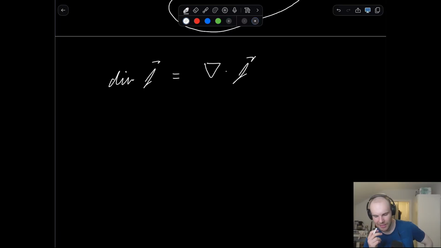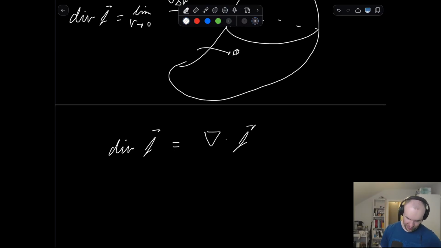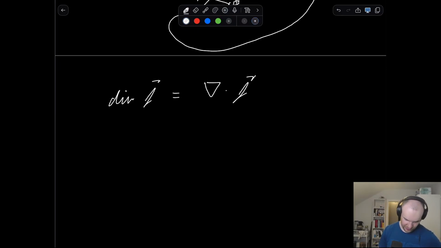I can at least say that here again, if it streams outside of this little cube, it's positive, and if it goes inside, it's negative. That's correct. It actually is correct. That is the divergence. Now, why is this the divergence? Because you can think about what the formula means.